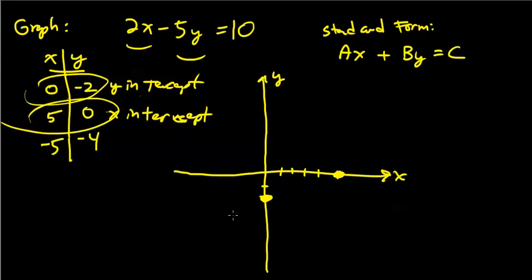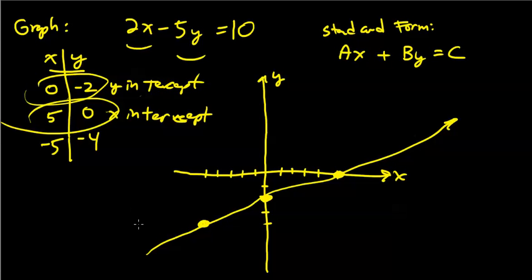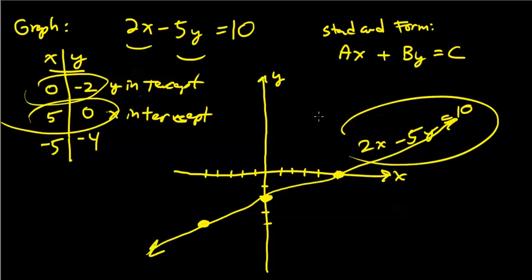So this point indicated is the x-intercept. And minus 5, minus 4 puts me down here. And I'll claim that these points are collinear. So I connect the dots. Label the axes, and of course, label the line with the equation that generates it.